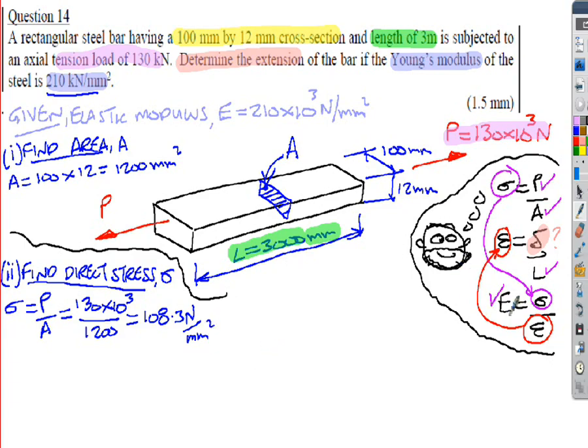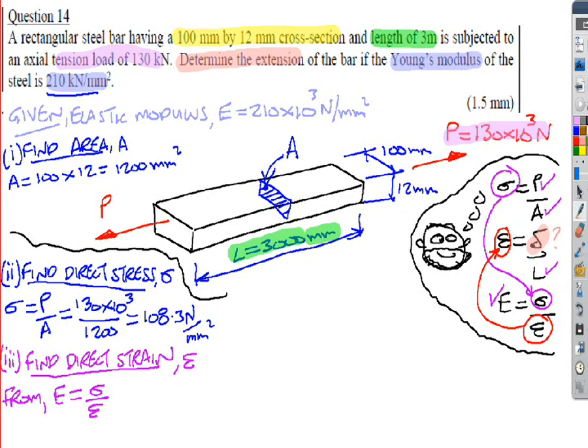According to my little calculations over here, I need to next find the direct strain, and I'll use the elastic modulus formula to find that. So step 3, find the direct strain. Now I'm going to use the elastic modulus formula, E is equal to the stress divided by the strain.